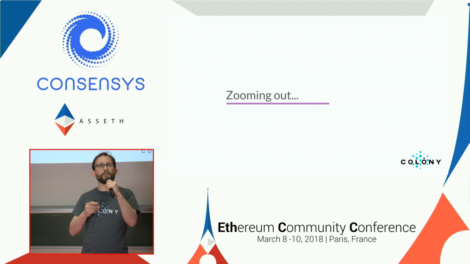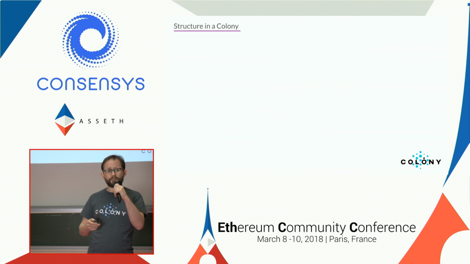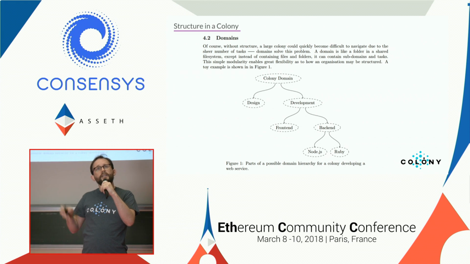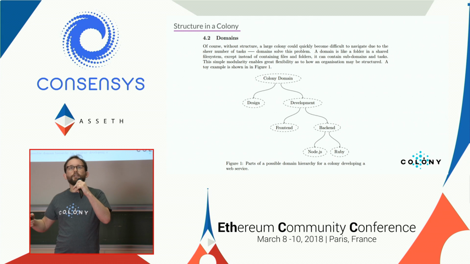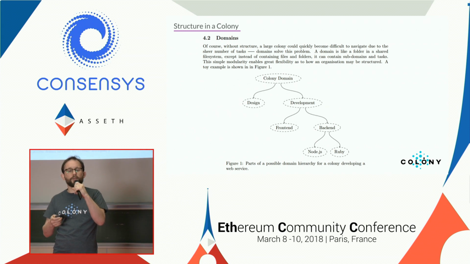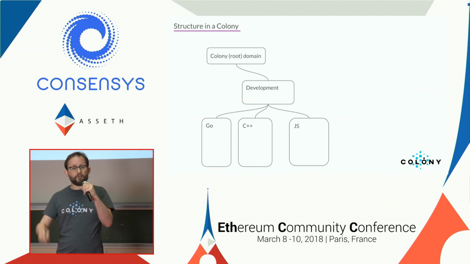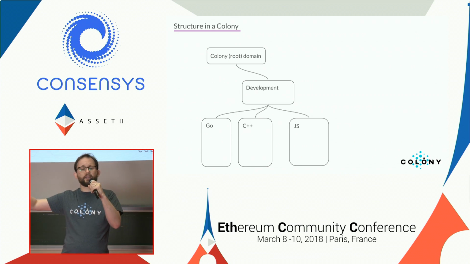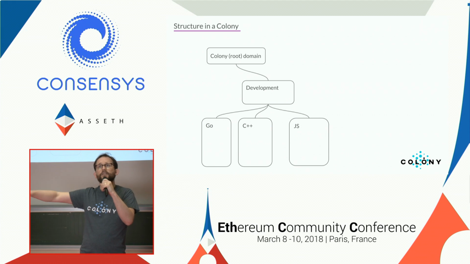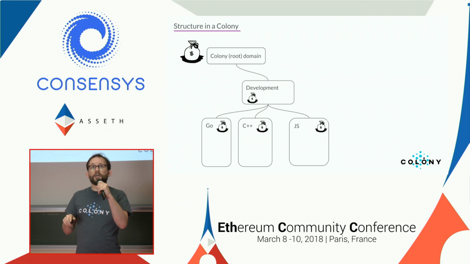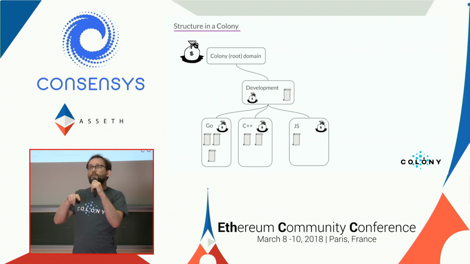So if we zoom out a bit, the structure of a colony, we've got domains which you can divide a colony into. That is to divide a huge project into logical subunits, maybe departments, maybe working groups. So for example, here we've got a colony with a development domain, and the development has a Go, a C++, and a JavaScript subdomain. Each one of these domains will have its own budget, and within each domain there will be the tasks that get funded from that budget.